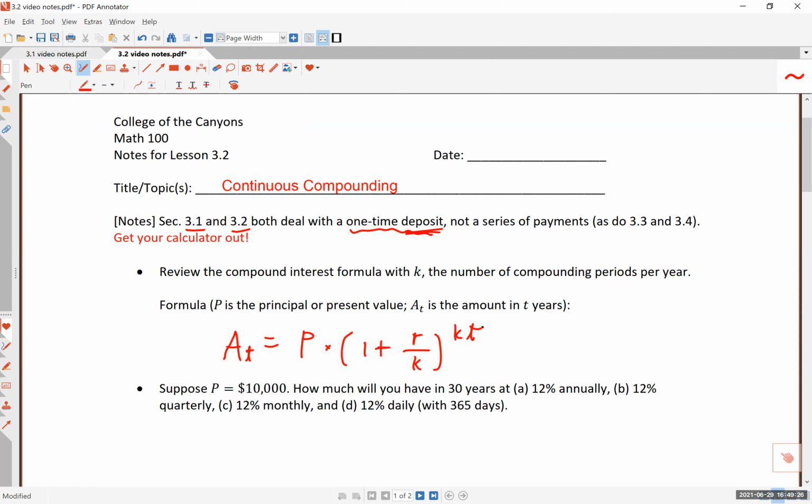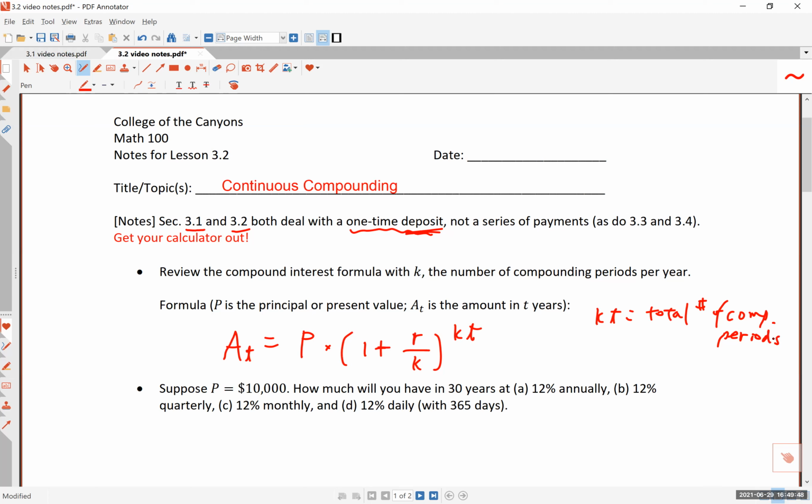We put the money in there for T number of years. Now remember, KT, the number of years times the number of compounding periods per year, will be the total number of compounding periods.